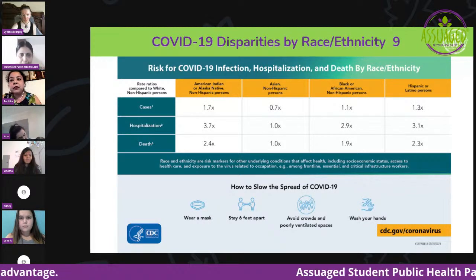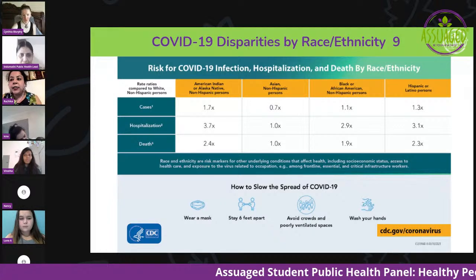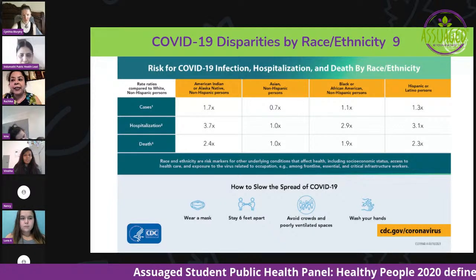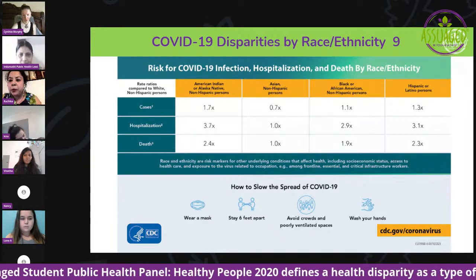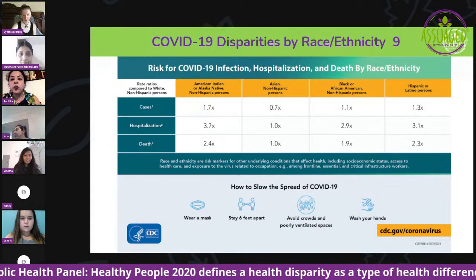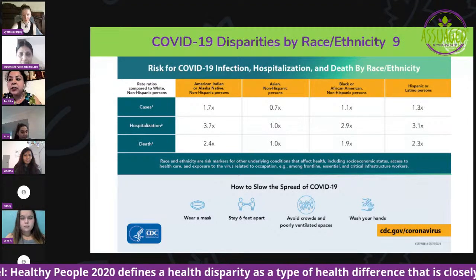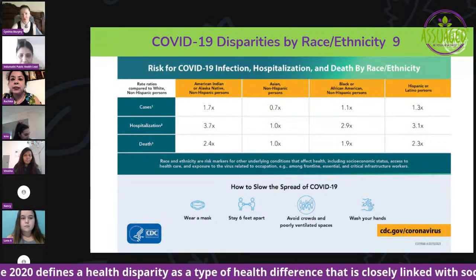The way that varies shows that many things are affecting this, including socioeconomic status, access to healthcare, and exposure to the virus related to occupation, among frontline essential and critical infrastructure workers.